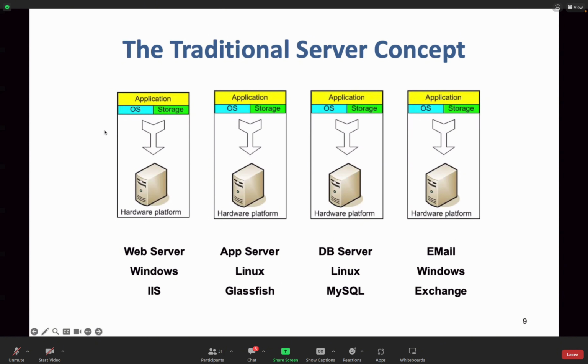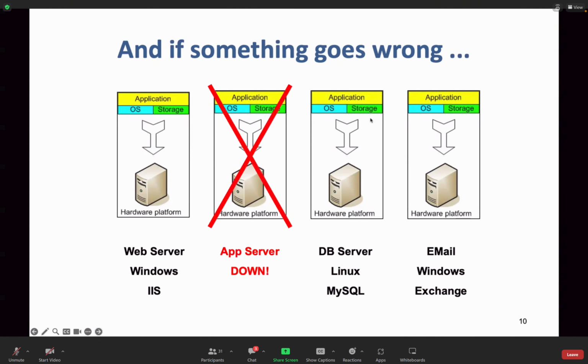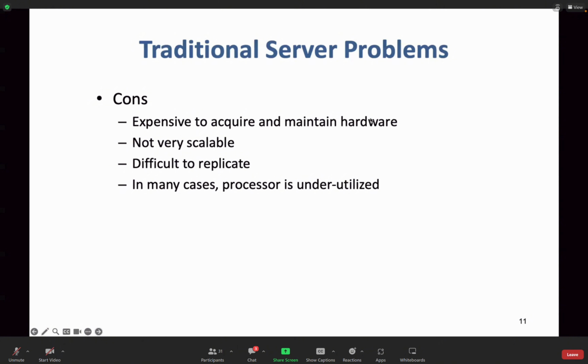So here is the traditional server, where each individual server has its own hardware platform with OS, storage, and applications. When something is down, the app is down. So there are lots of problems: hardware maintenance is expensive, it is not so scalable, and it is difficult to replicate.